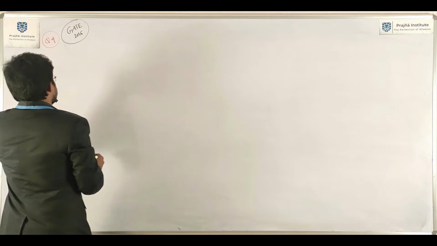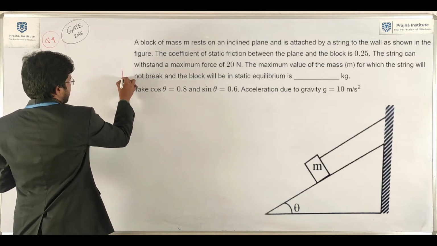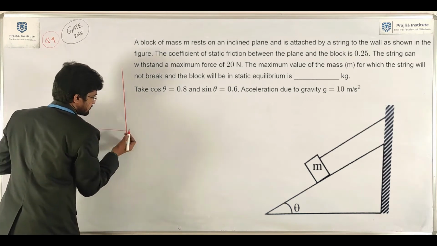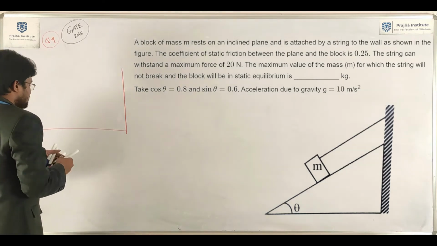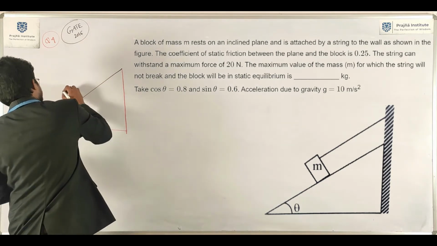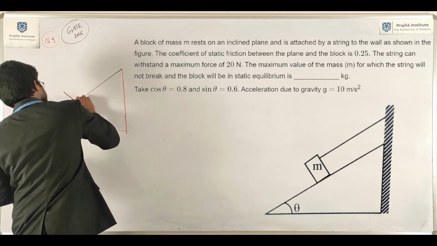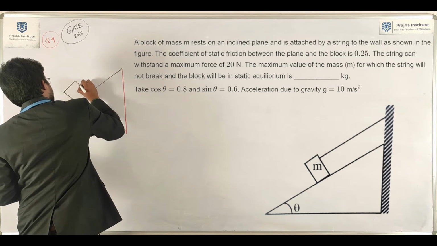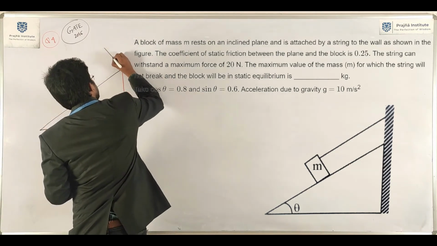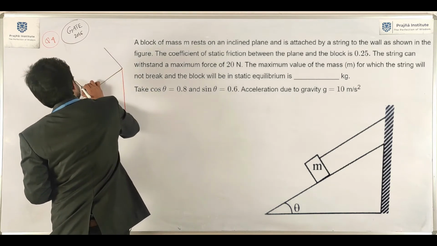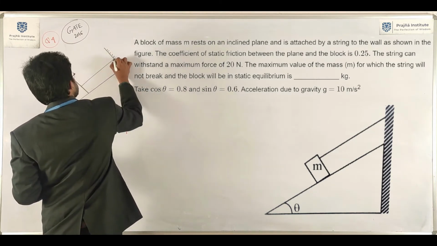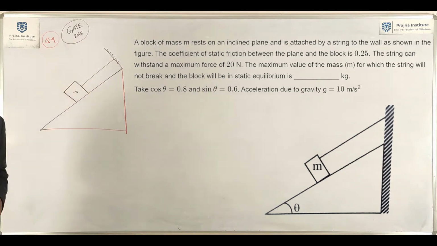Just to draw the figure. A block is on a rough inclined plane, the block of mass m. It is tied to the wall by a string, actually an inextensible string.